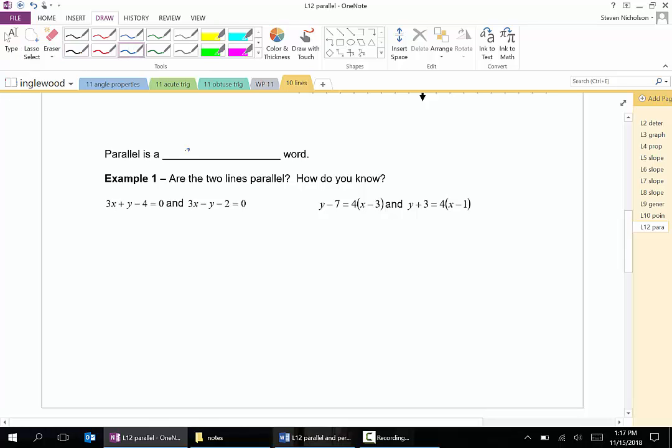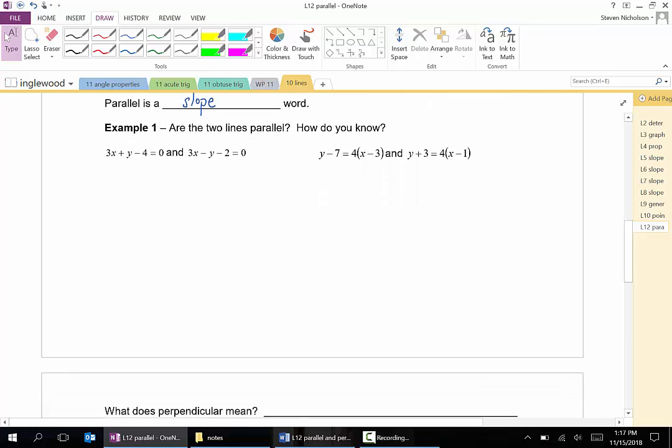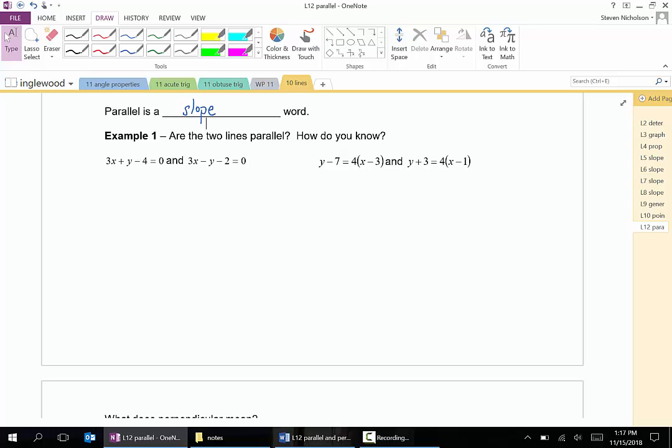When you hear or see the word parallel, parallel is a slope word. So if parallel is a slope word, then the natural questions are, draw a line that's parallel to this line, or find a point on another line that's parallel to this line, or as this question says, are the two lines parallel, yes or no?